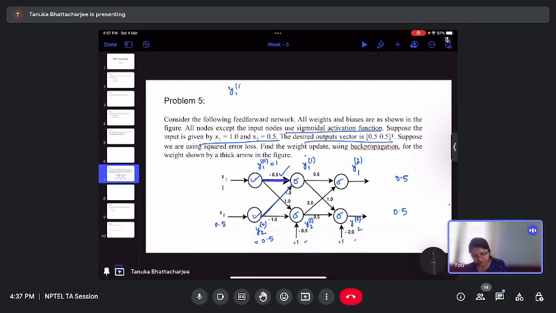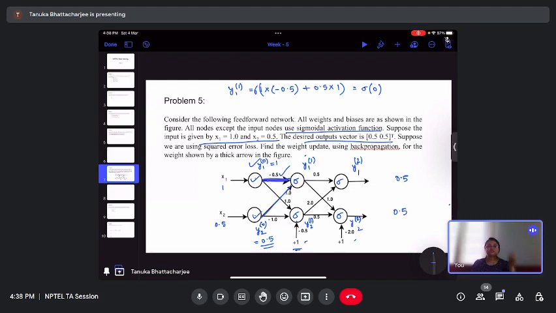So y11 is 1 into minus 0.5, that is your y10 multiplied by this particular weight, plus your y20, which is 0.5, multiplied by the corresponding weight 1, and you have to apply the sigmoid function on top of this. This particular neuron has no bias involved, but the lower one has a bias term. So this becomes sigma of minus 0.5 plus 0.5, which is sigma of 0.